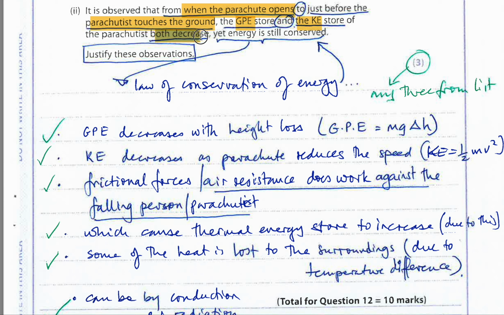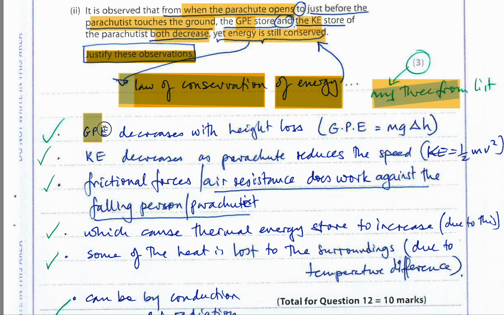Yet, obviously, energy is still conserved. You have to justify how both potential energy and kinetic energy can be decreasing, but the law of conservation of energy must still apply. They want you to explain how that can happen.